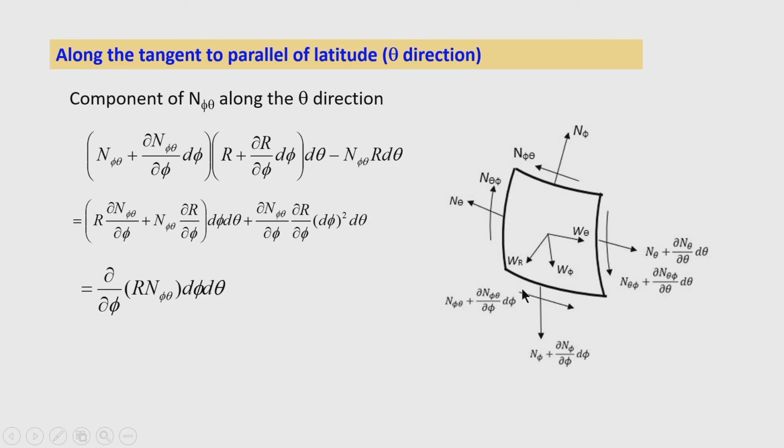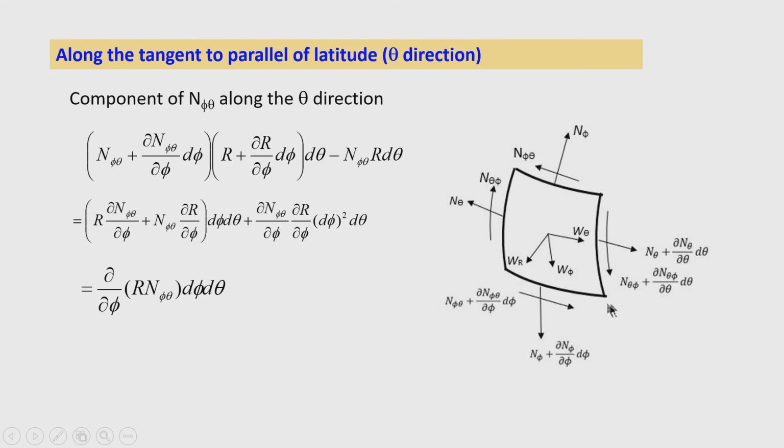Here the first quantity is in this positive direction. So, we take n phi theta plus del n phi theta by del phi into d phi. So, that is one part.